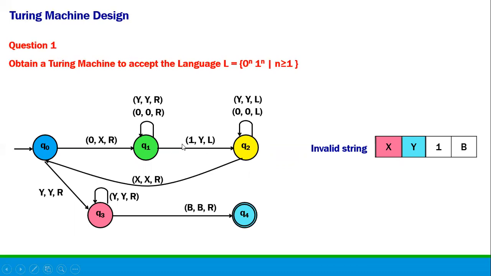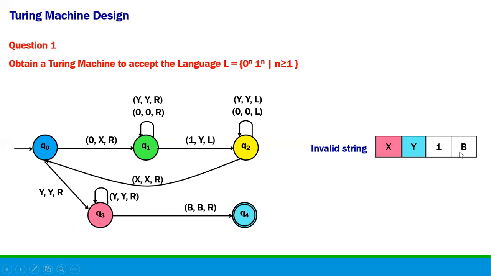According to this one, once it has replaced 1 with y, it has to shift left. So I am at x now, and I'm reading x. It has moved to Q naught now. But do you have at Q naught any 1 reading? No, that means I'm stuck.